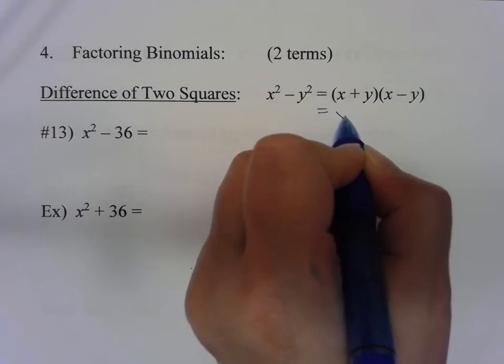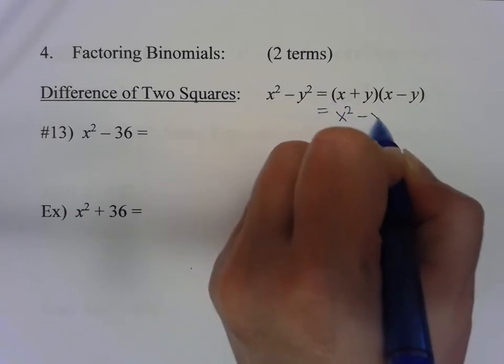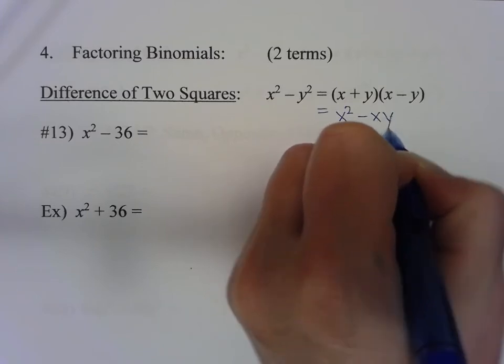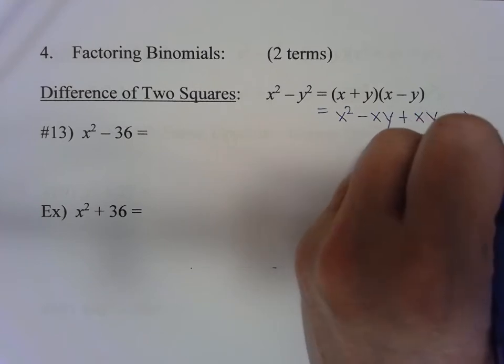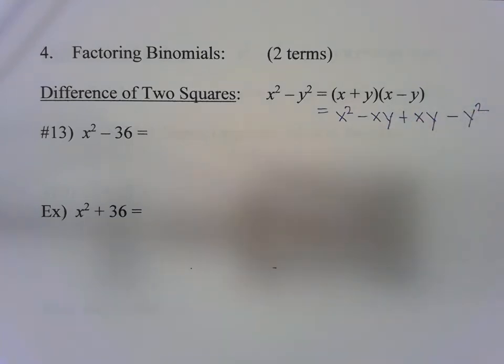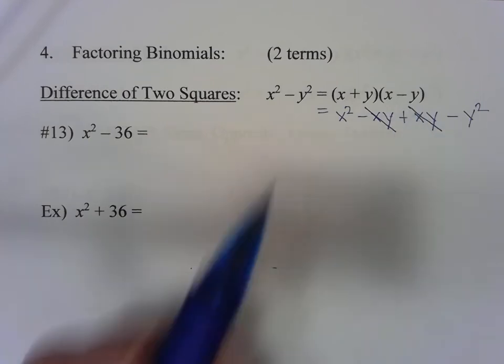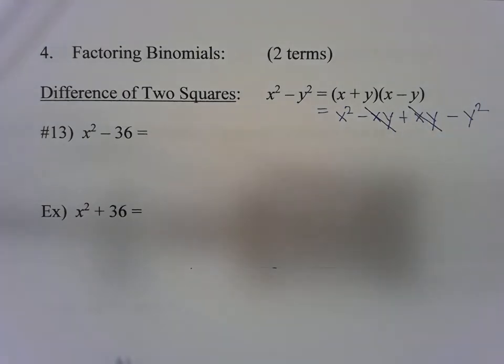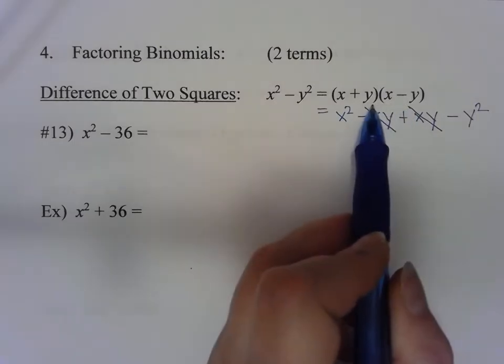If we FOIL this out, we'll have x squared. Outside, we'll have minus xy. Inside, we'll have plus xy. And then minus y squared. This is unique because the middle terms add to 0 and cancel out. Okay, and that only happens with this pattern.